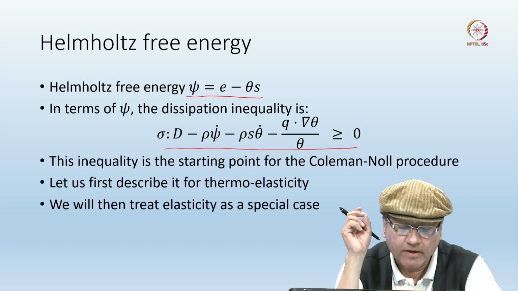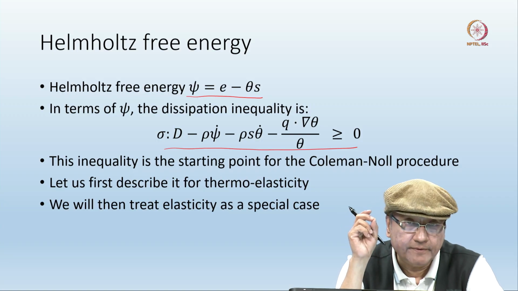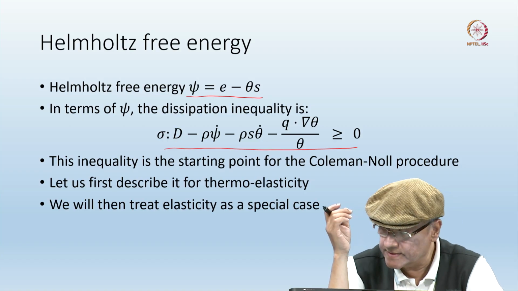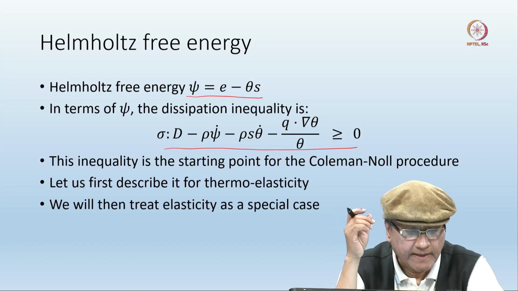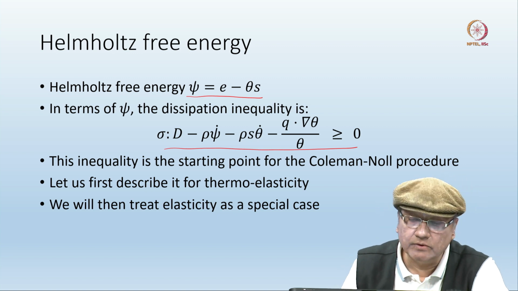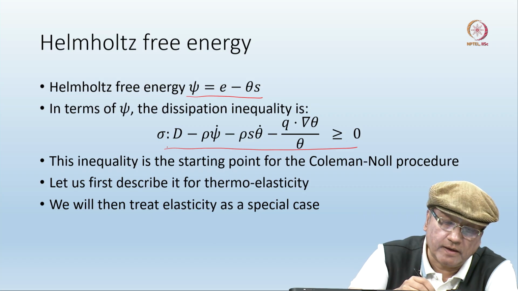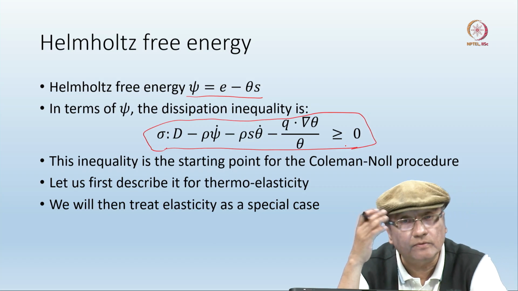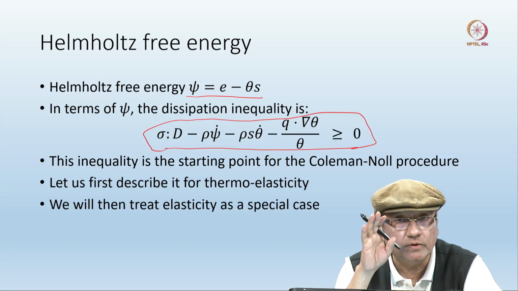Let us first describe this procedure in the context of thermoelasticity, and the elastic case will follow as a special case. This is a very important part of our whole discussion, so please keep the dissipation inequality in your mind all the time.